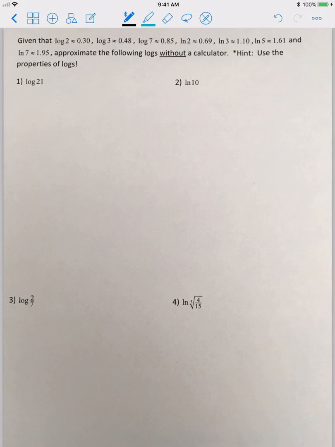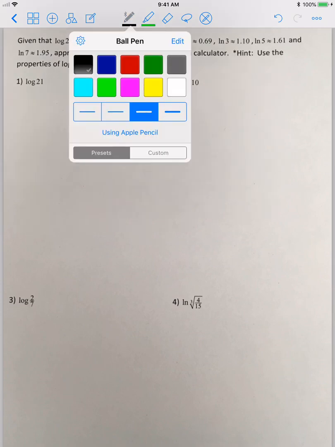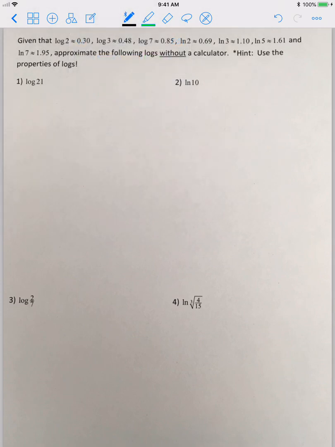And we can. What we can do is rewrite the log of 21 as the log of 7 times 3. And we have the log of 7 written up here, and we have the log of 3 written right here. We have approximations for both of those.